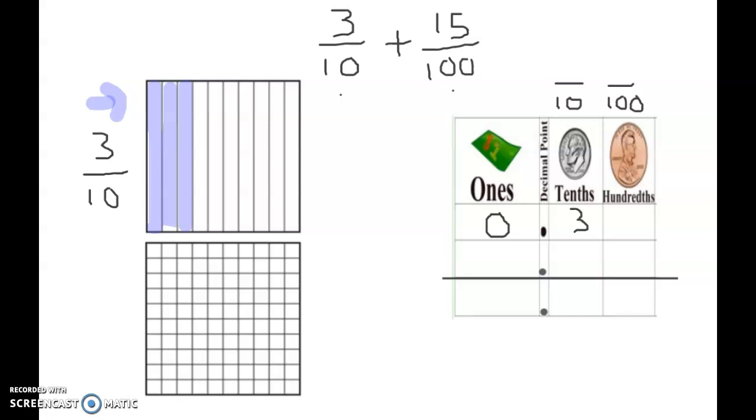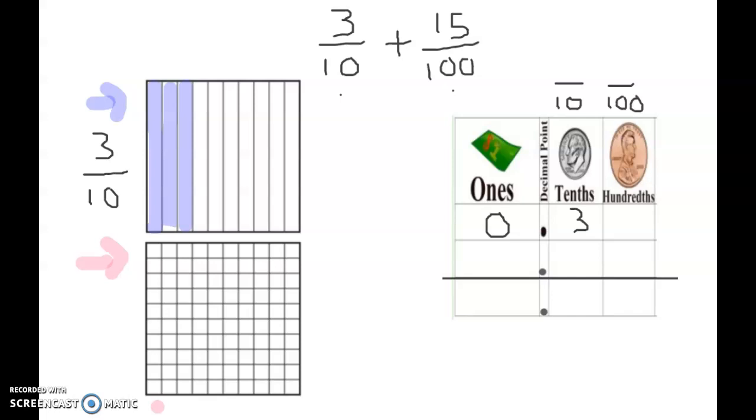So now I'm going to model 15/100ths. I can tell that this model is broken up into 100 equal pieces. I have 10 rows of 10 there. I also know that a column here has 10 tenths in it.